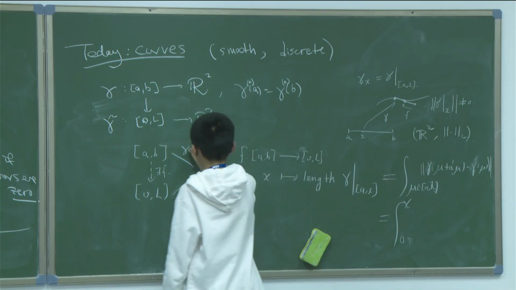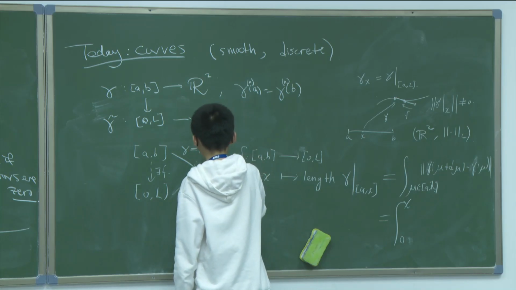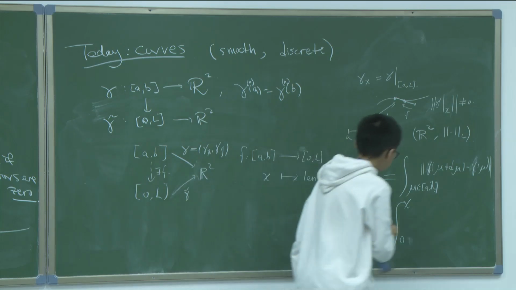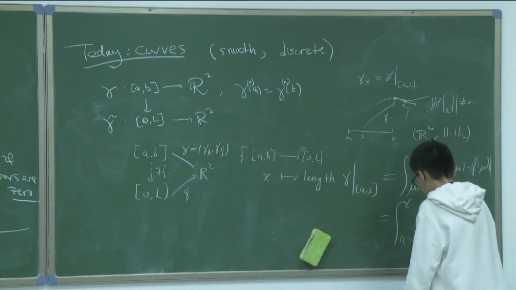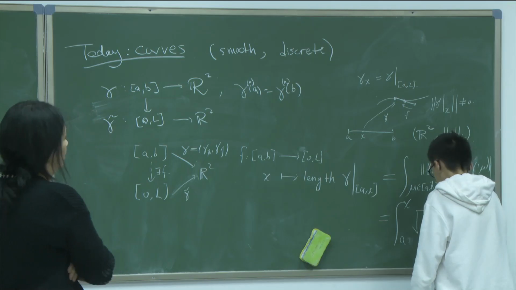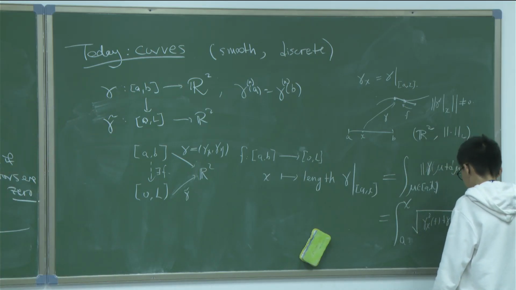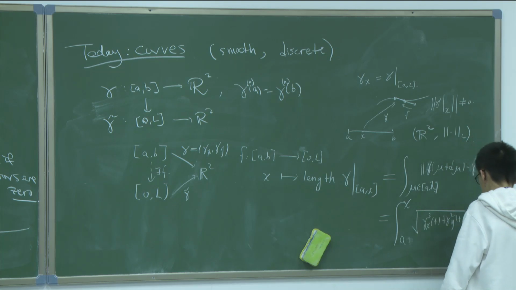Suppose gamma equals (gamma x, gamma y). You can think for yourself as well. Just try to find the formula: the square root of gamma x prime of t squared plus gamma y prime of t squared, dt.